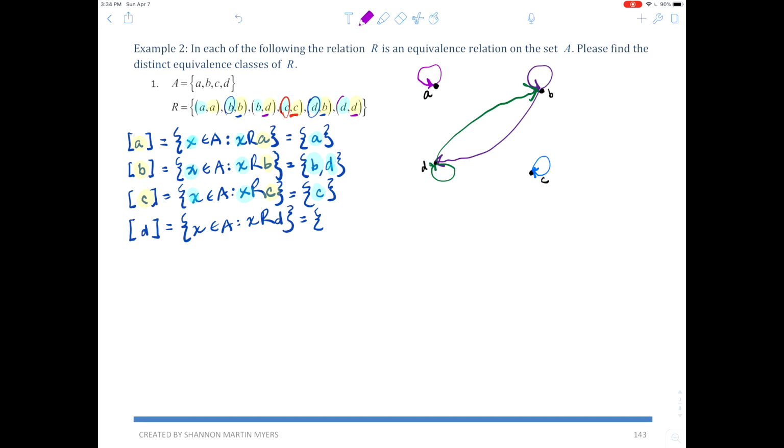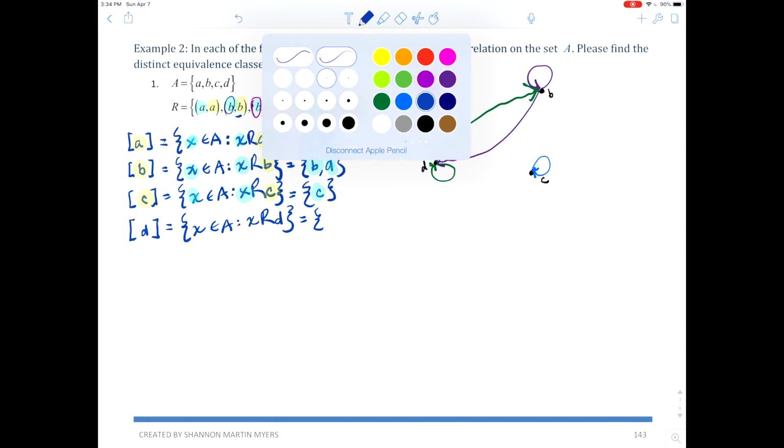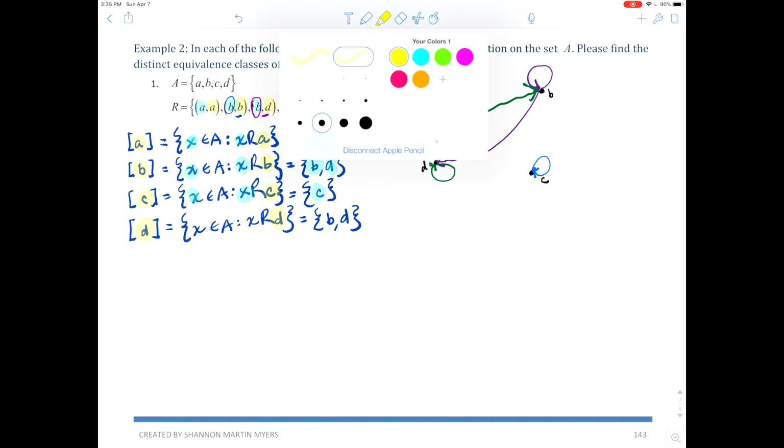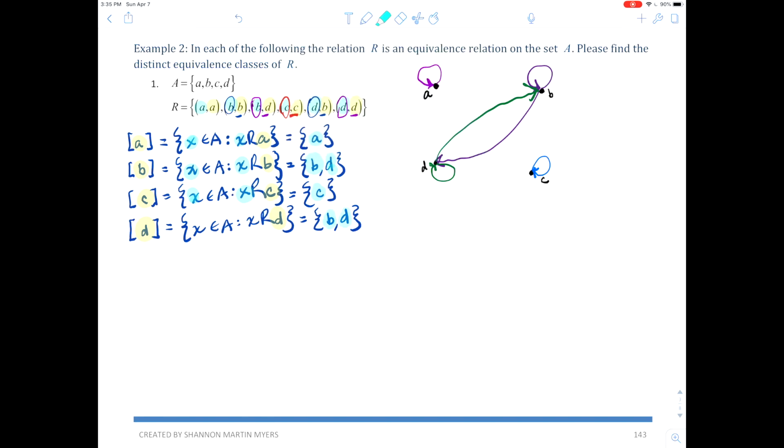And so the inputs that correspond are going to be B and D. So B and D are the elements in the class of D. And then these here are the inputs. Groovy?